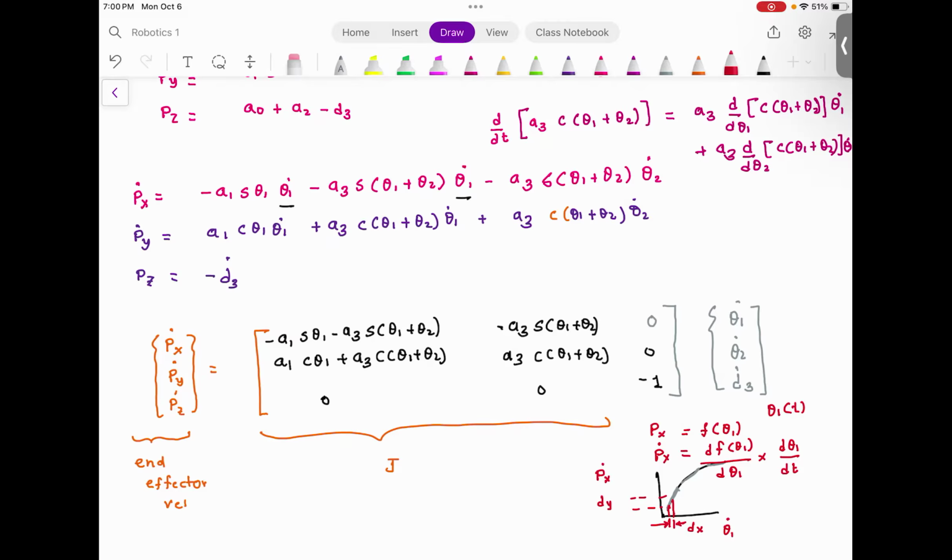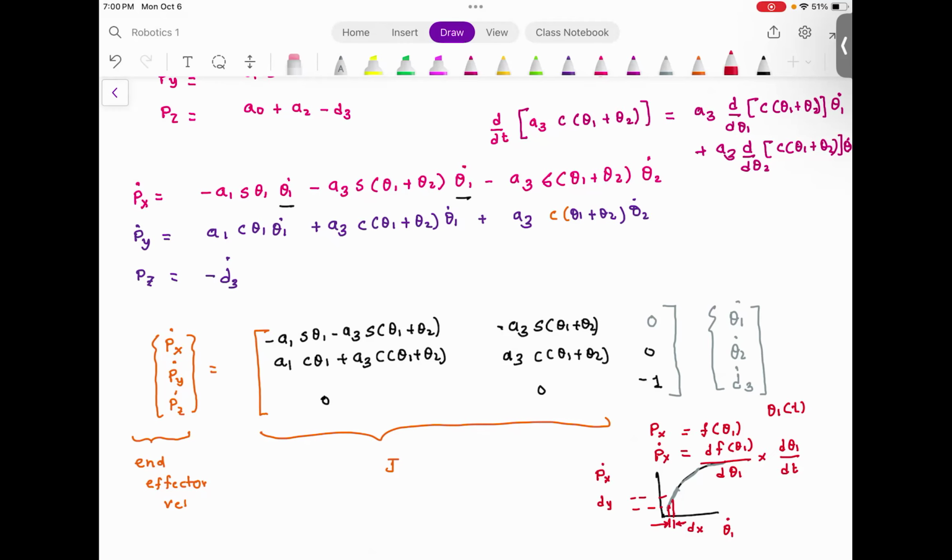At this point, I want you to understand what Jacobian means: it relates joint velocities to the end effector velocities. Joint velocities are expressed in its individual joint axis. Theta 1 dot is about Z0. Theta 2 dot is about Z1. D3 dot is about Z2. Everyone understood?